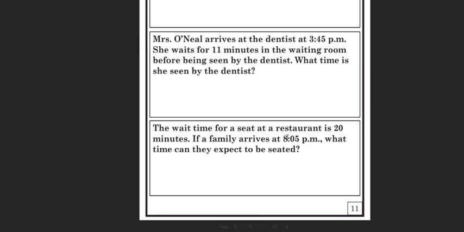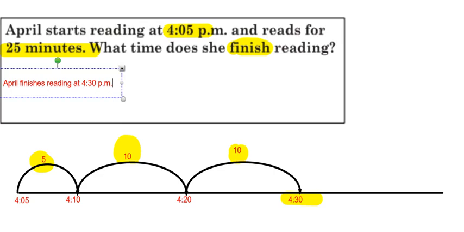So, she arrived at the office at 3:45 p.m. You will draw your number line and write the starting time, 3:45 p.m. And then you're going to hop for 11 minutes. Okay? Because that's how long she waited. You're going to tell, again, the ending time, just like we did in the exercise that we just worked on. We determine the ending time. Same concept.